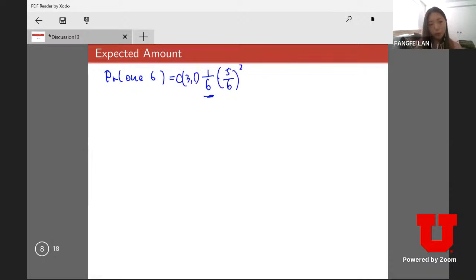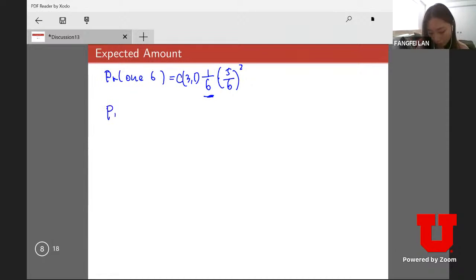You roll a 6 once, and the other two times you have to roll something that's not a 6. And there are three different ways of arranging this.